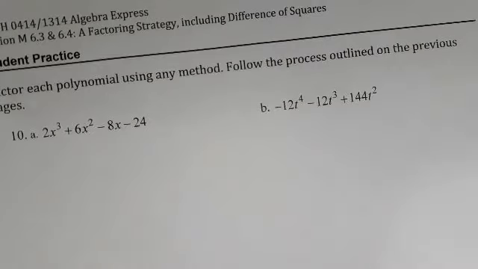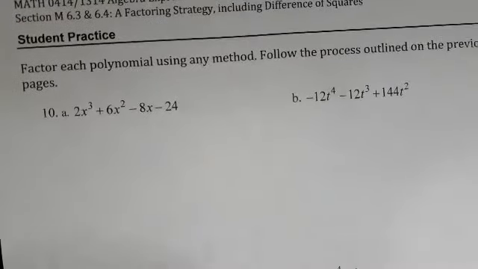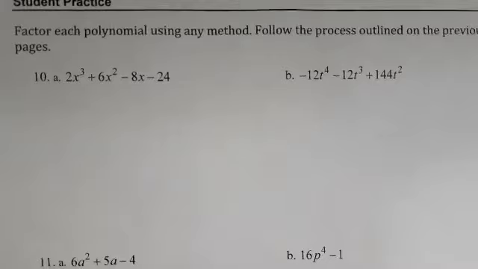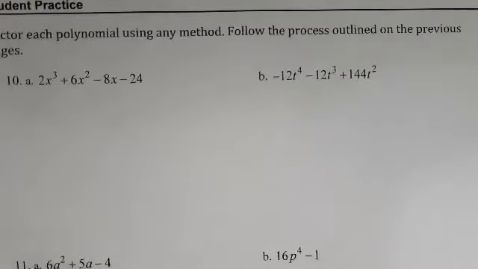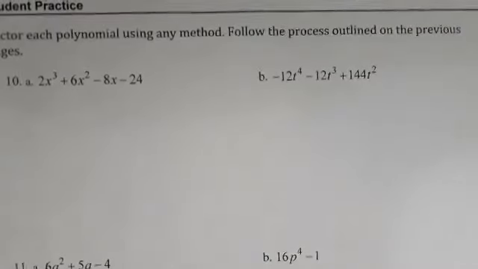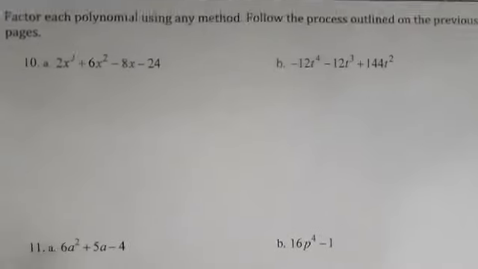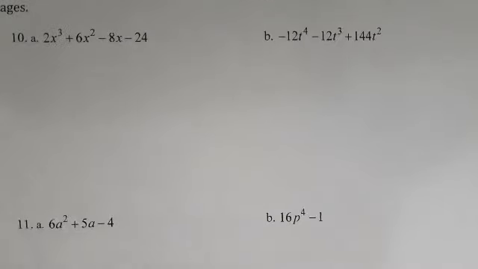So now we have some student practice. What you should think about for each of these is how many terms they have. The terms are going to tell you your factoring strategy.